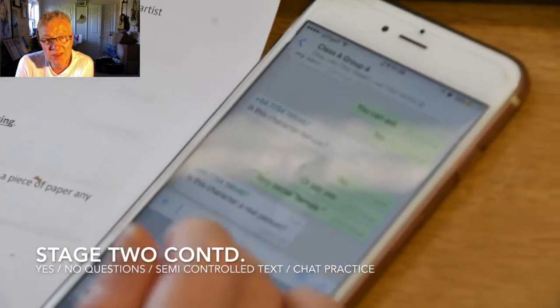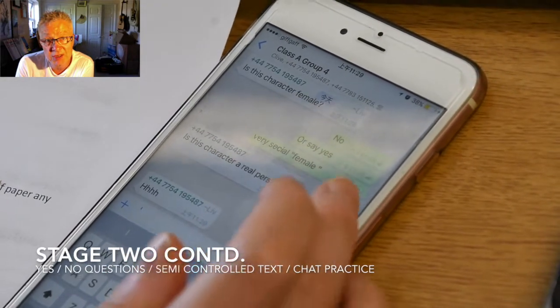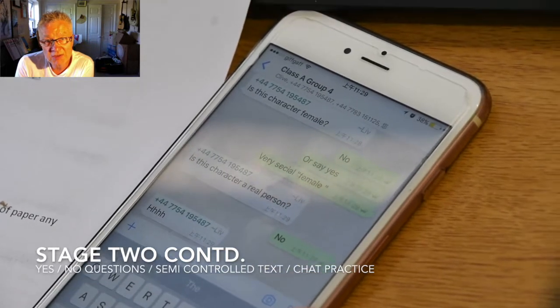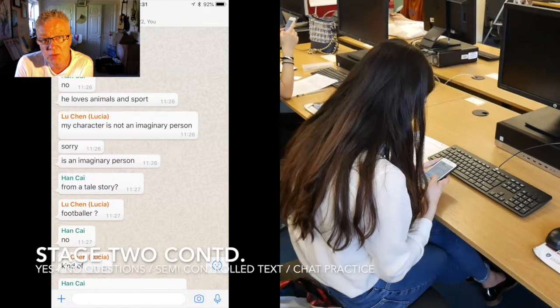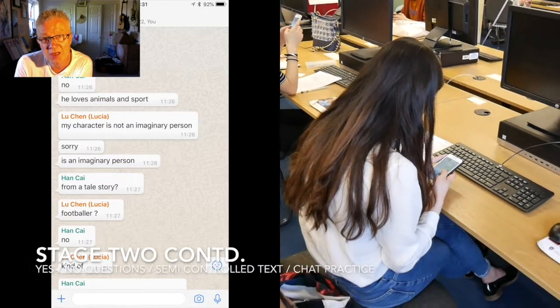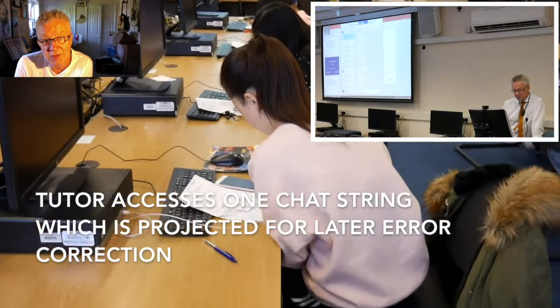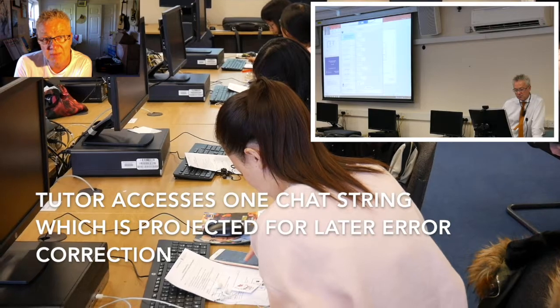It's important to see this stage in the context of the subsequent stages of the lesson, and what this activity is doing is equipping the learners with ideas which they can subsequently use in a similar controlled speaking activity.